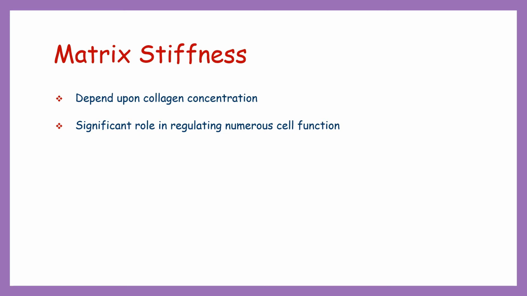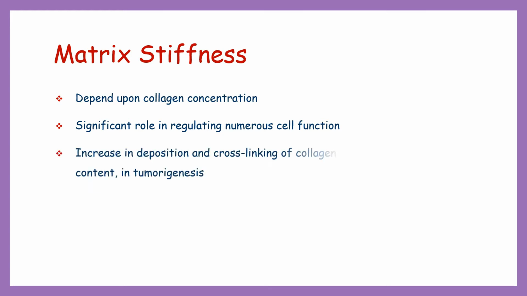The ECM elasticity can vary by several orders of magnitude. This feature is primarily influenced by collagen and elastin levels, and it has recently been discovered to play a role in controlling a variety of cell processes.